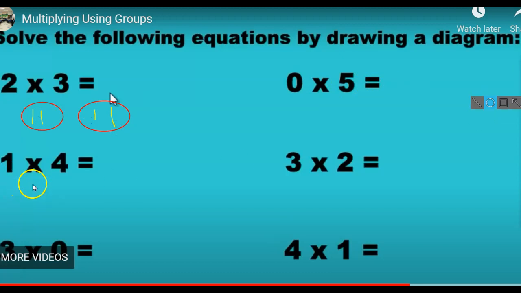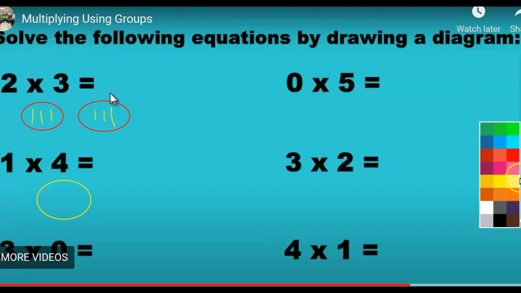This one? 4 times 1? How many groups? 1. It's 1 group. And how many in each group? 4.